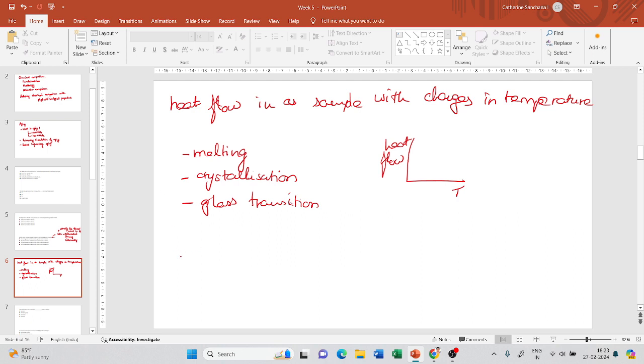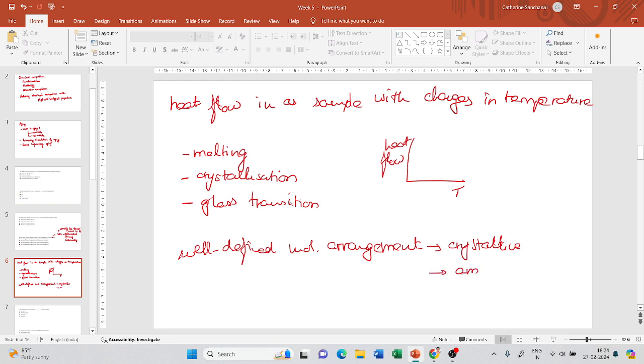We say that if the molecules are arranged in a well-defined fashion, a well-defined molecular arrangement, we call that material crystalline. And if it does not have a well-defined molecular arrangement, we call it amorphous.